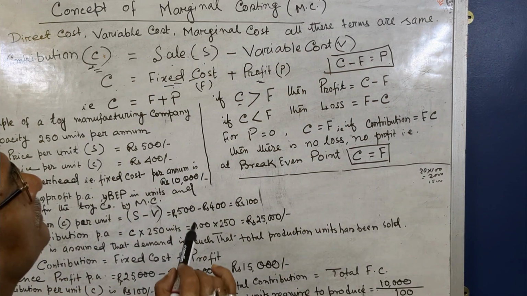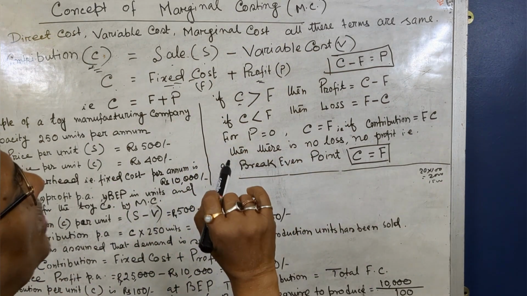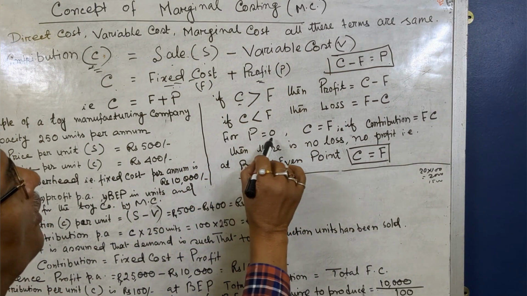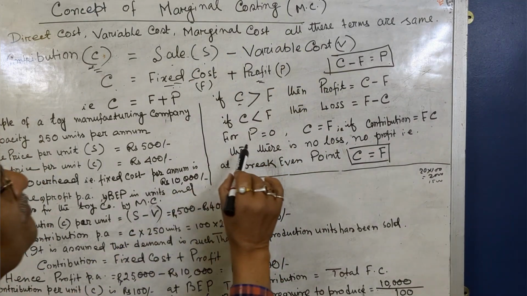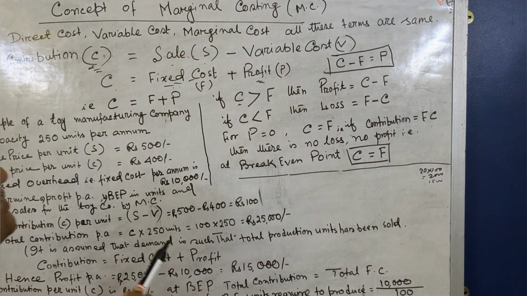Now, there is a special situation. If profit is zero, then what will happen? Profit is zero means there is no loss, no profit.